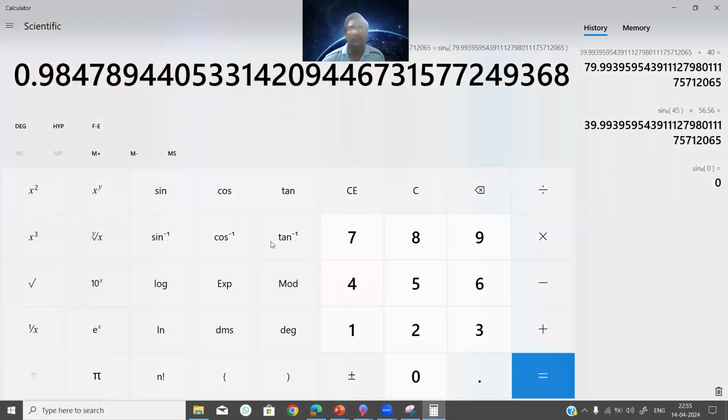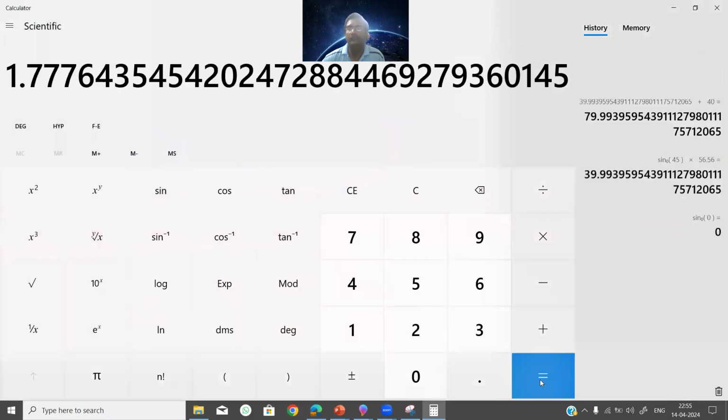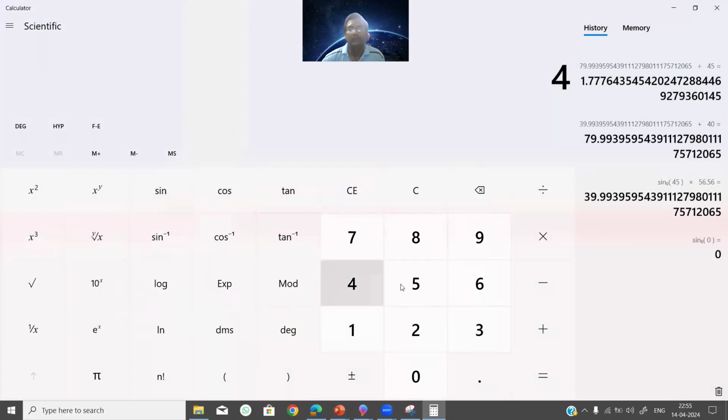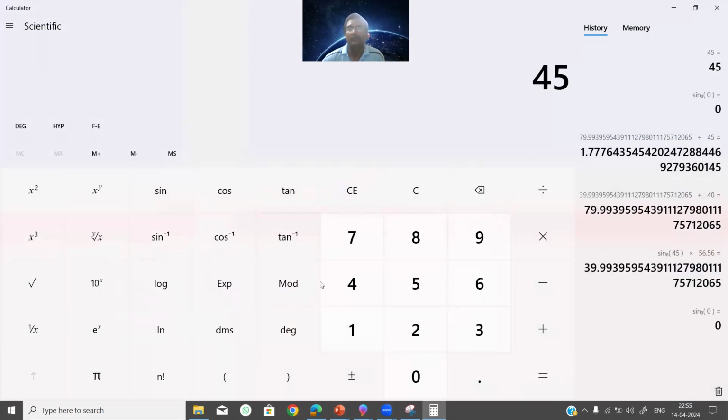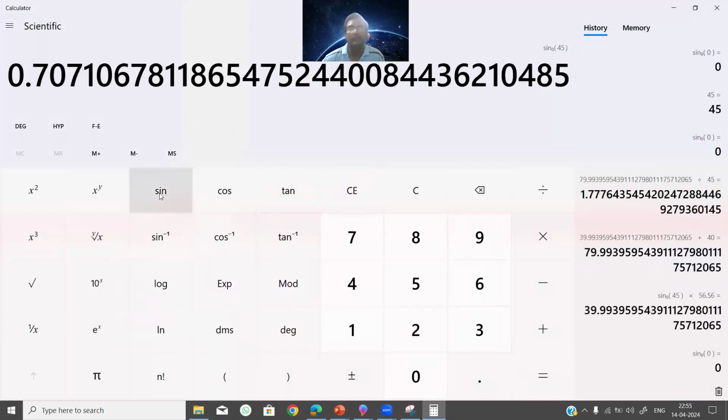Something happened. Okay. We remember the value sin 45 is 0.707.